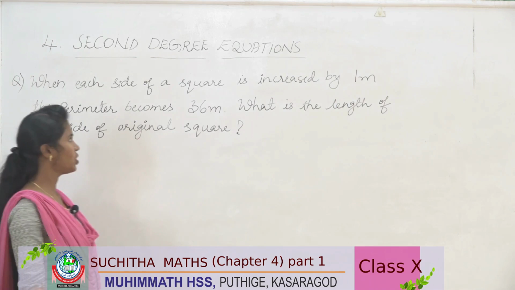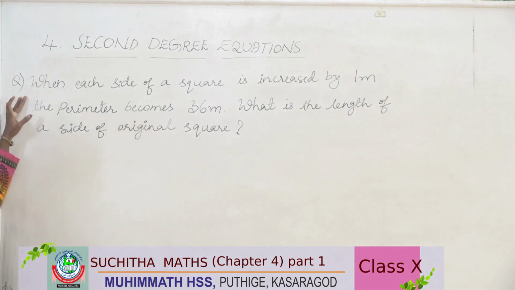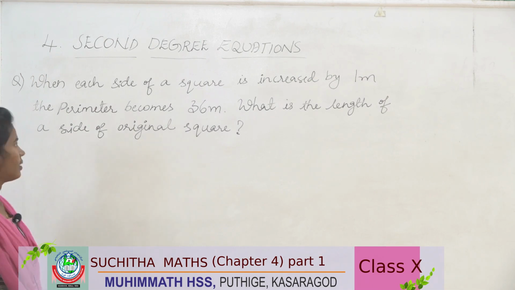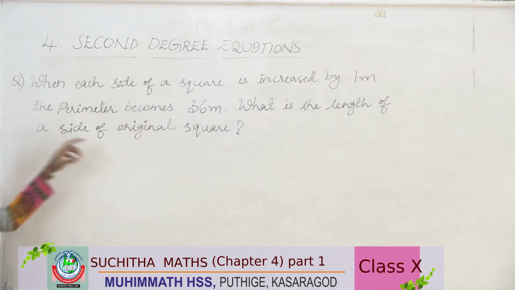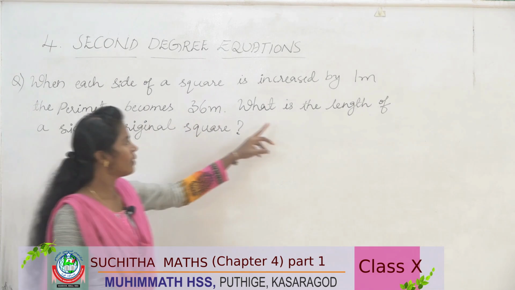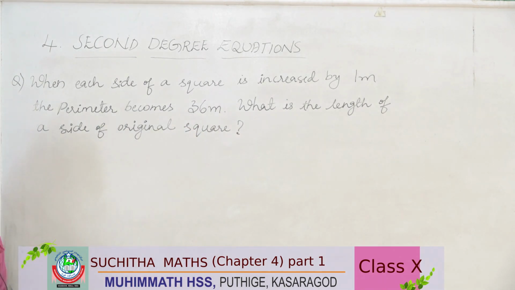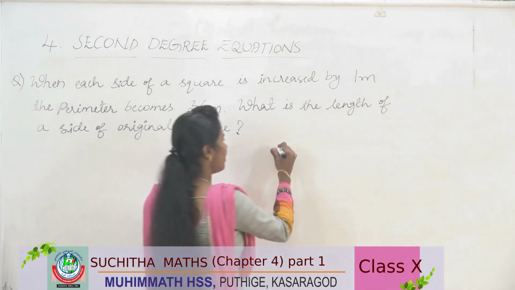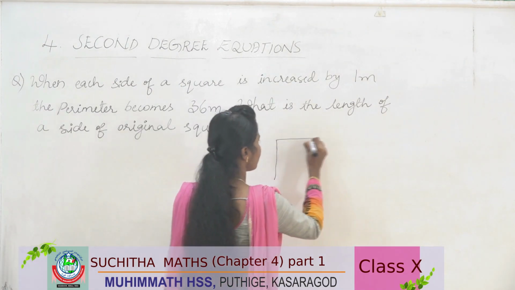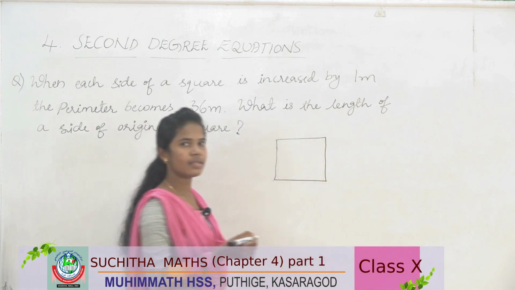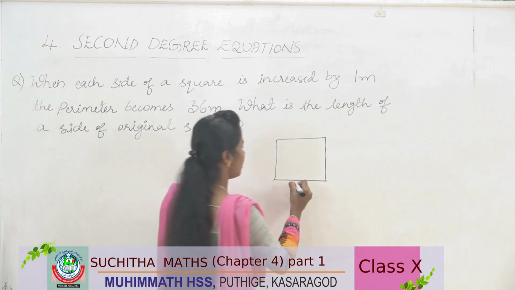Now here is a question, listen. When each side of a square is increased by 1 meter, the perimeter becomes 36 meter. Then what is the length of a side of the original square? Consider a square, and it is the original square.